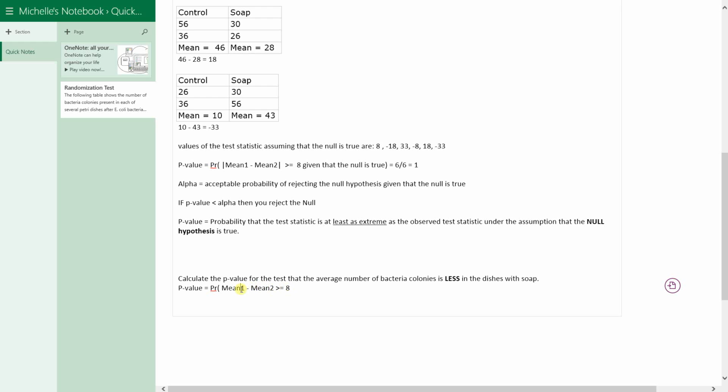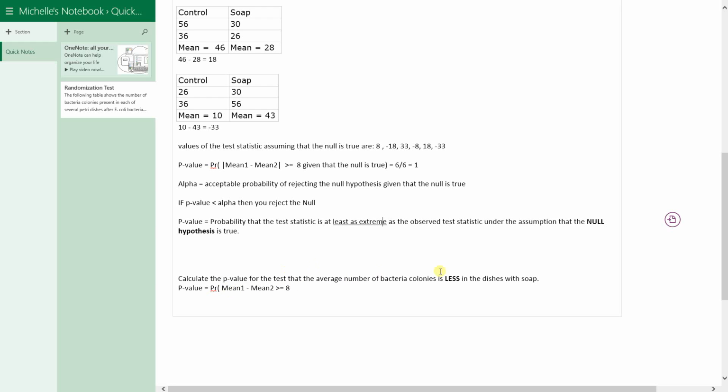We don't want to include in our definition of what extreme means the situations where mean 1 is less than mean 2. So your definition of what is extreme depends on what your alternative hypothesis is. The extreme is only the range where the alternative hypothesis would be considered to be true.